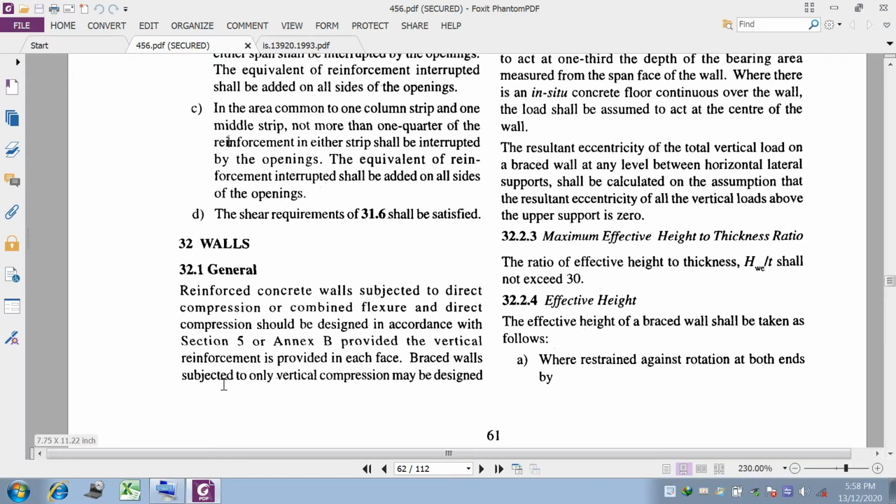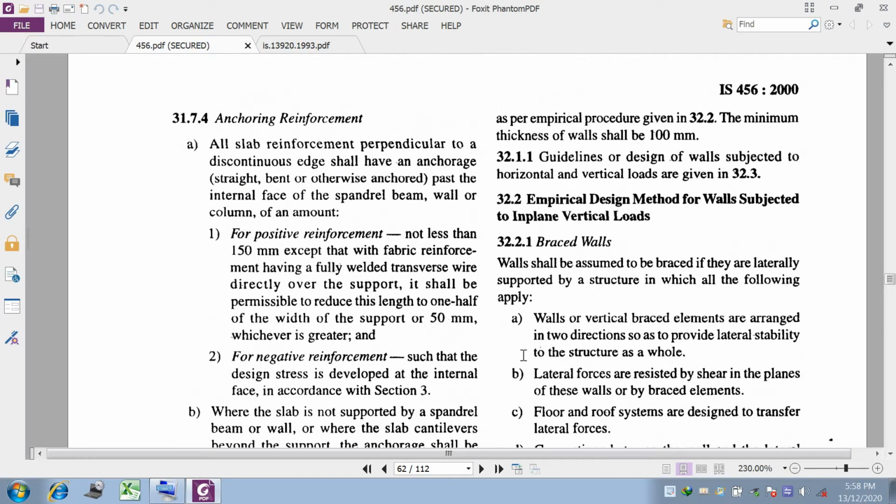A braced wall subjected to only vertical compression may be designed as per the empirical procedure given in 32.2. The minimum thickness of the wall as per IS 456 can be taken as 100 mm. This is the main requirement of the wall as per IS 456.